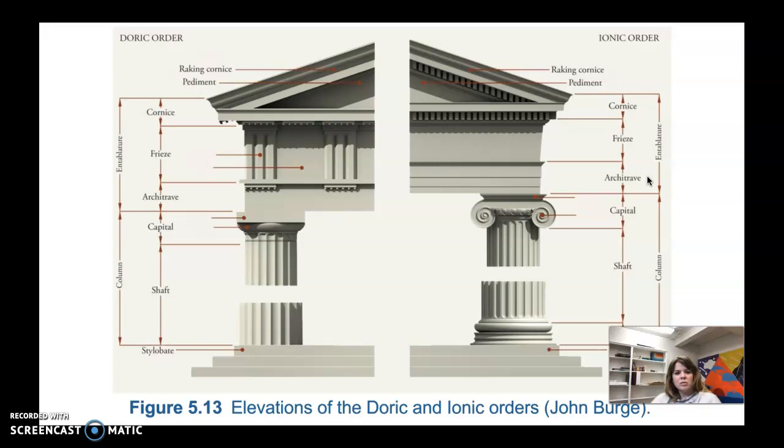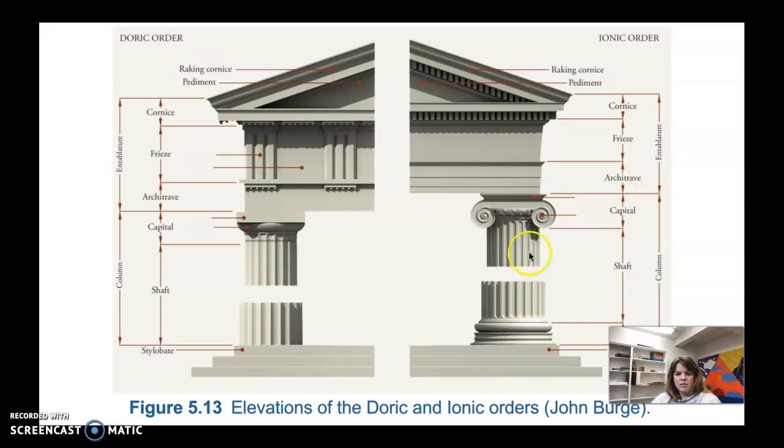There was some crossover between the 2 areas, but for the most part, the Doric order was on the mainland and the Western colonies, and the Ionic was in the Aegean Islands and Asia Minor.